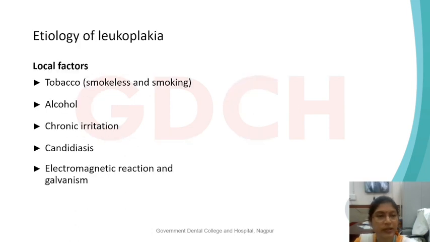Now let's have a look at the etiology of leukoplakia. The local factors which could be responsible are firstly tobacco, which includes both smokeless and smoking tobacco. Tobacco has the greatest number of carcinogens, which can penetrate the mucosa and cause various changes.